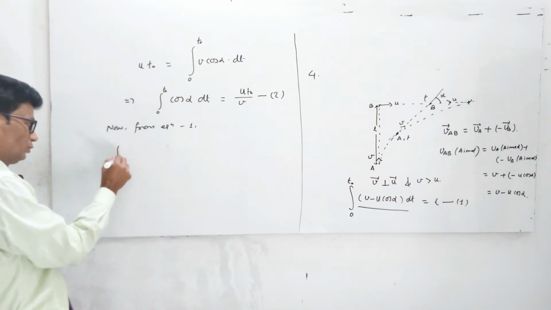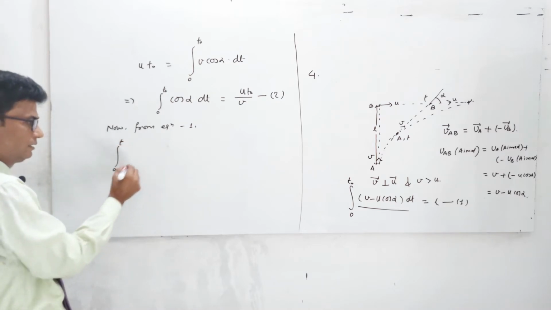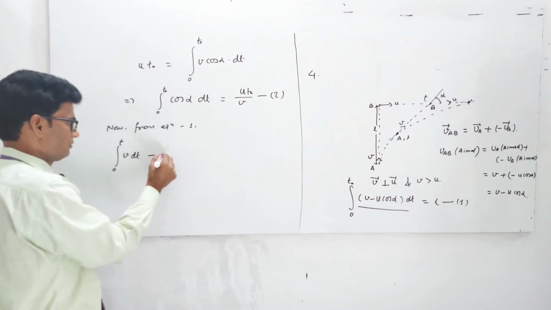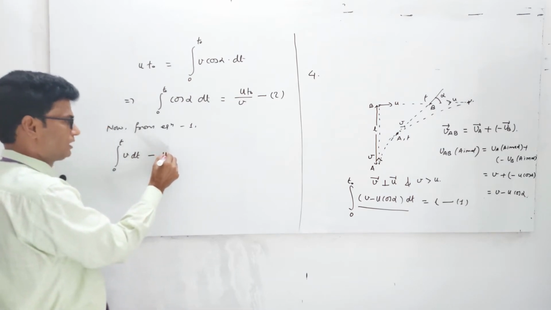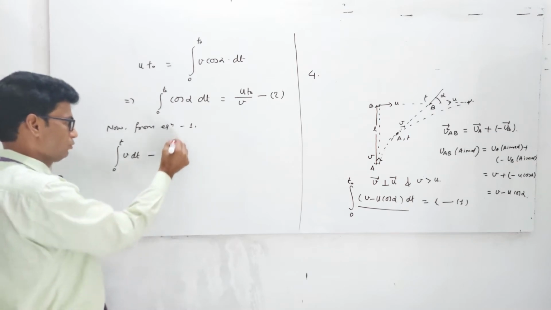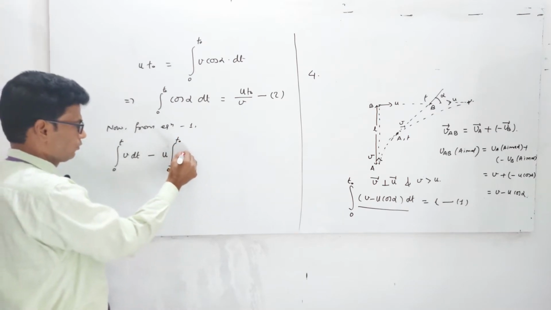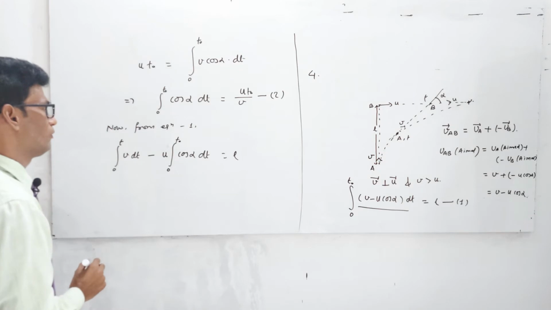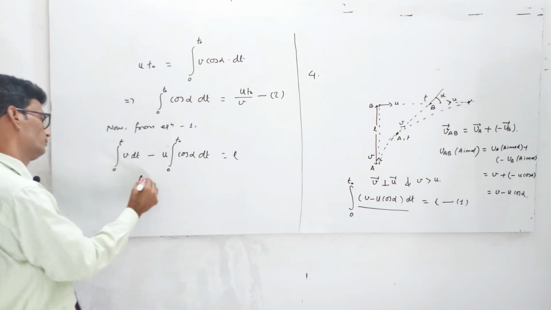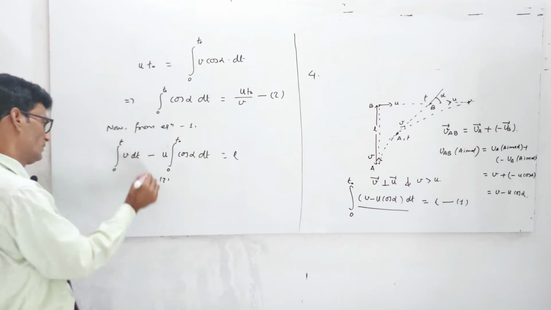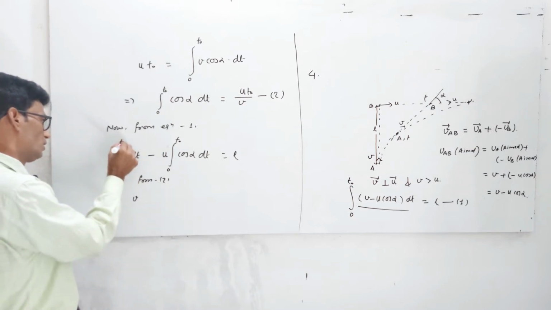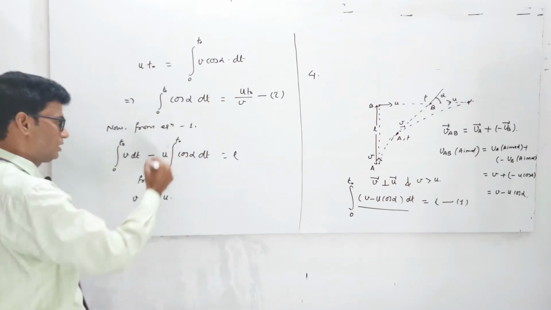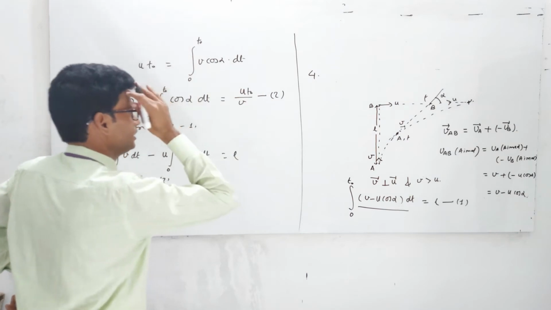Look at here: the integral from 0 to t0 of v dt minus u, which is constant, taken out of the integrand, times the integral from 0 to t0 of cos alpha dt, is equal to L. Now from 2, it comes out to be v into t0 minus u, where this integral is replaced by equation number 2.